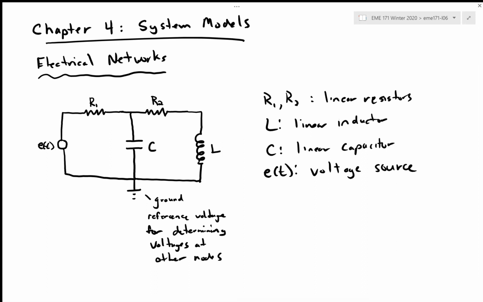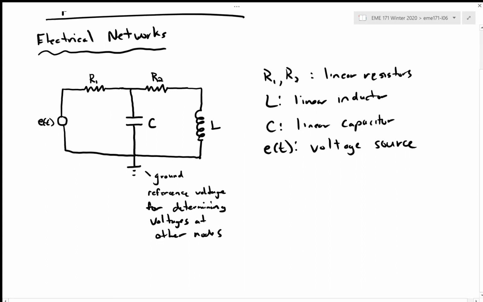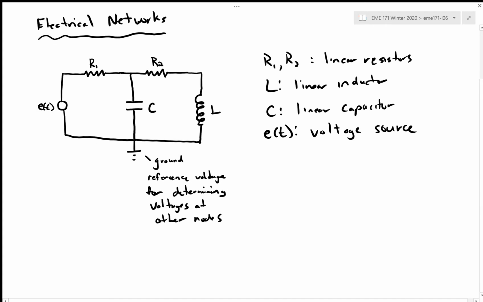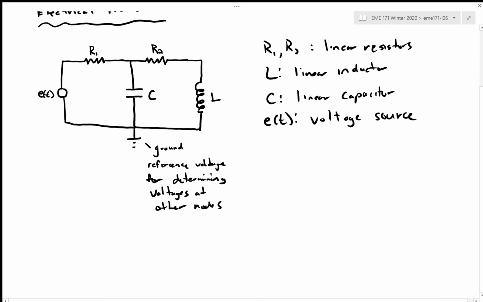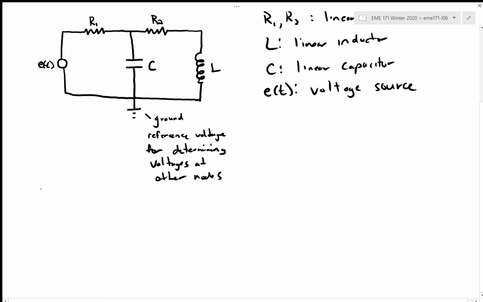So here's a basic circuit that is written in standard schematic notation for an electrical circuit, and we want to develop a bond graph for this. So there is a basic 4-step process with a 5th optional step that will get us to a functional bond graph. So let's write down these steps.